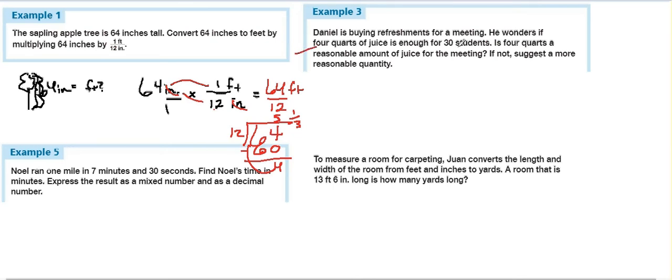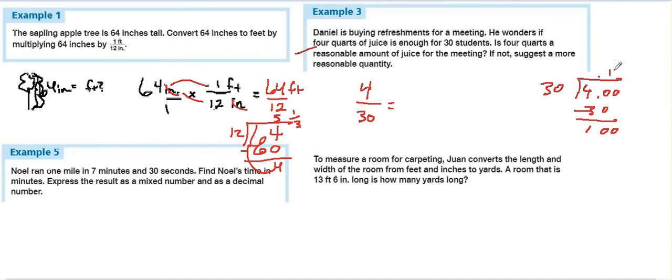Looking at this one, 4 quarts of juice, is that enough for 30 students? Well, you could divide quarts by students, and that would tell us that 4 divided by 30 means maybe like 13 over 100 quarts, which isn't super helpful.